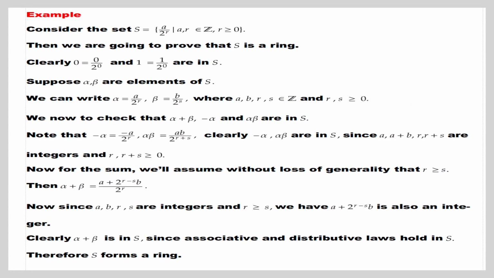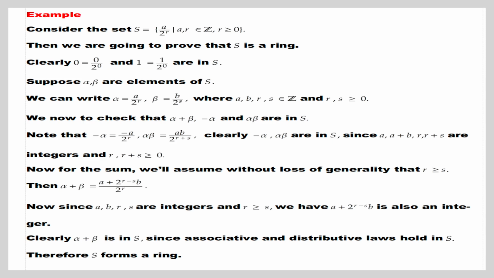Next example is, consider the set S equal to the set of all a by 2 power r such that a, r belongs to Z and r greater than or equal to 0. Then we are going to prove that S is a ring.